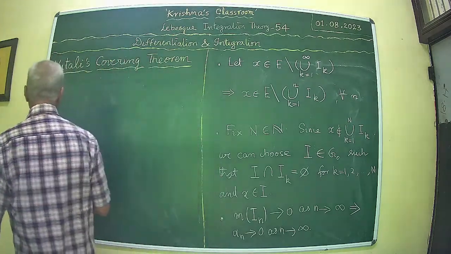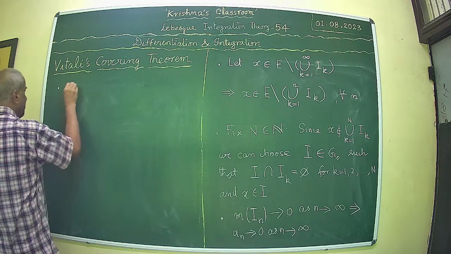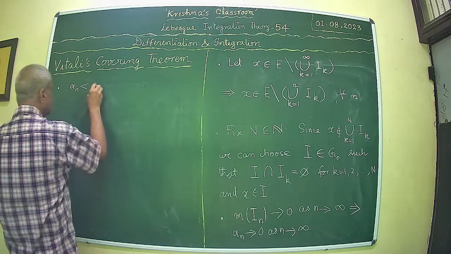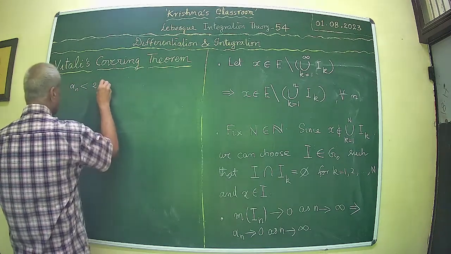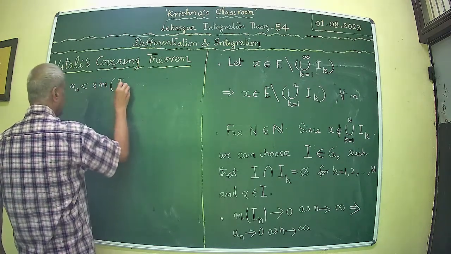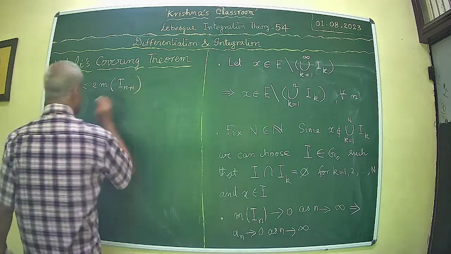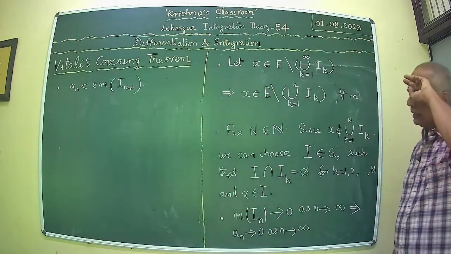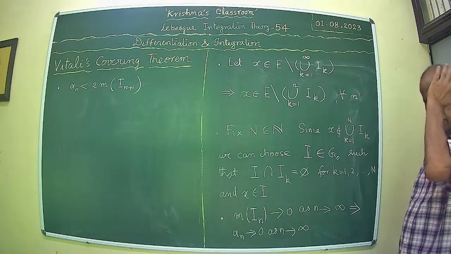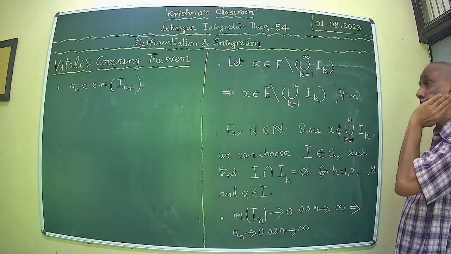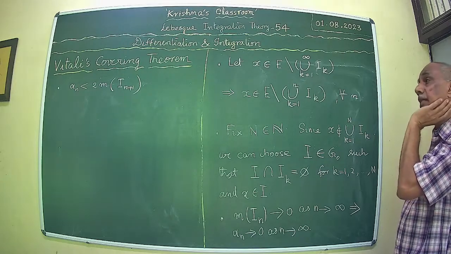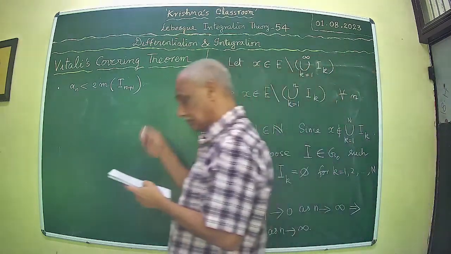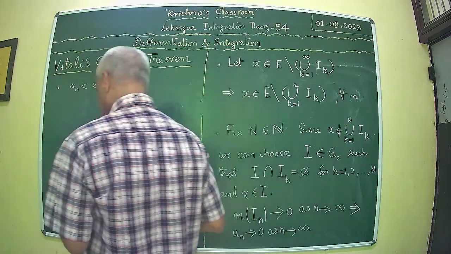But you observe that alpha n is less than twice the measure of I_{n+1}, because you recall that the measure of I_{n+1} is chosen such that this is greater than alpha n by 2. So that choice gives this.